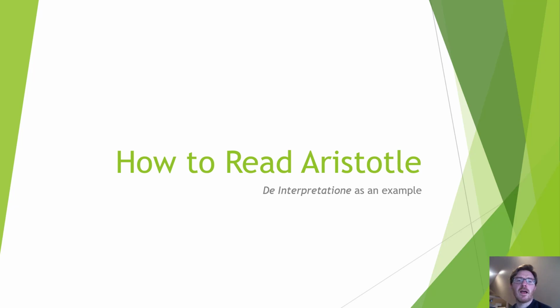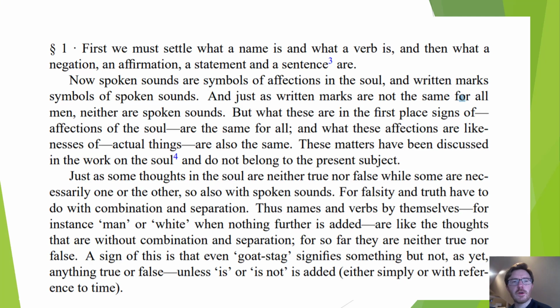What we're going to be doing is looking at a particular section of the text. We're going to be looking at De Interpretatione, really the first few pages of that text, to try and figure out how I would approach it and how I recommend you approach it when you read a section of Aristotle. So here we go.